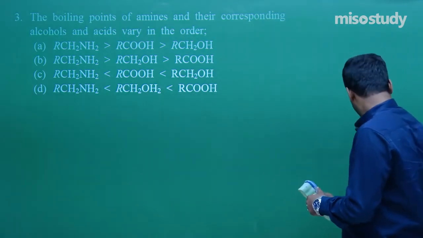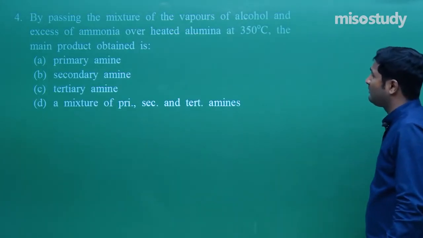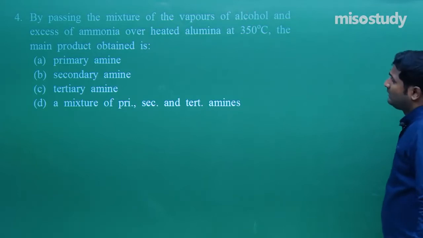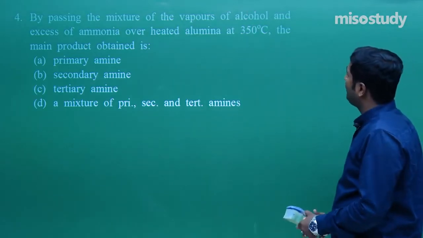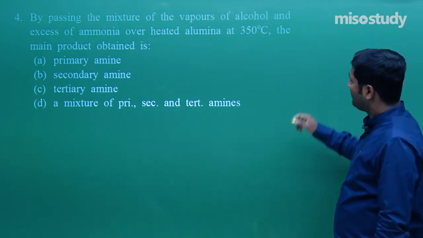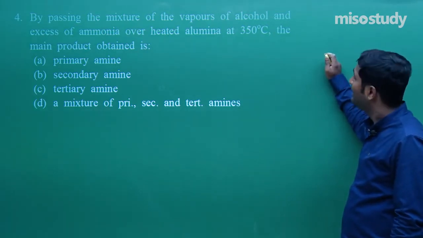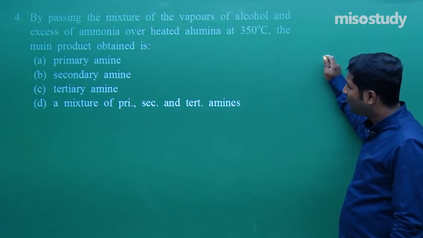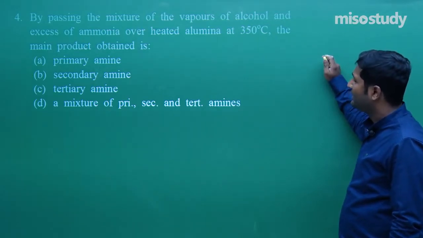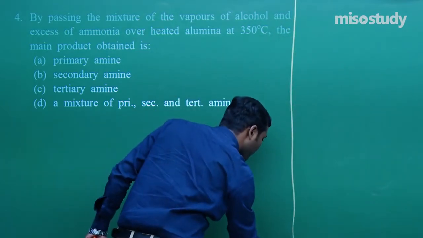Now let's move to the next question. What is the next question? Look at it, now tell me what will happen. By passing the mixture of vapor of alcohol and excess of ammonia over heated alumina, what is the main product? This is a simple one, do you remember this?